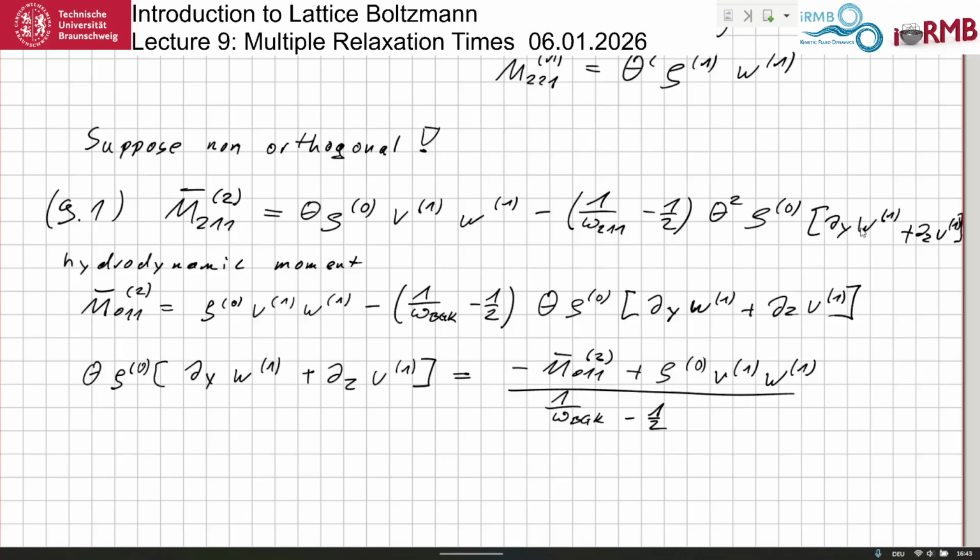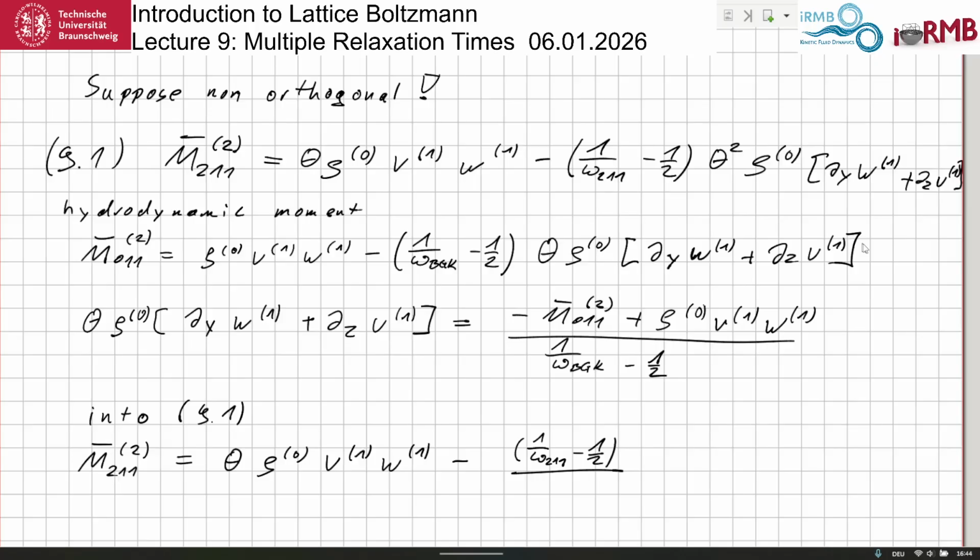I put it into 9.1 and see that M211 to second order is, of course, its equilibrium thing, minus. It has this 1 over omega 211 minus 1/2 in front.